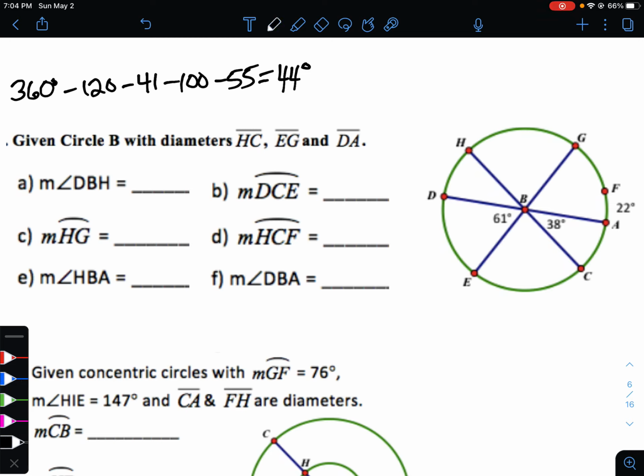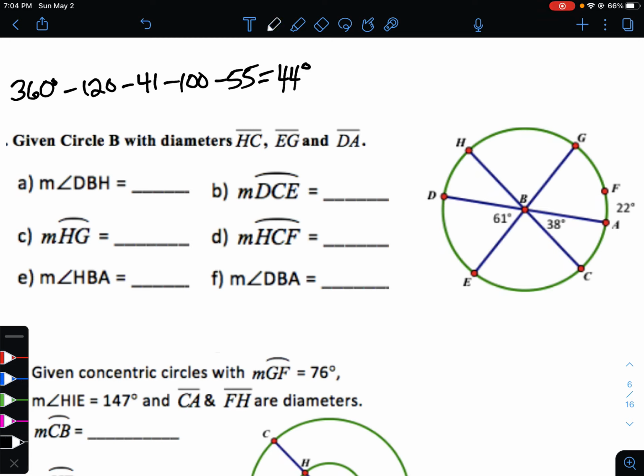So then to find the missing angles that we don't have, remember, all of these are diameters. I'm going to focus on this diameter right here, which is from A to D. And remember that when you have a diameter, it splits it into a semicircle where each of those has to add up to be 180.